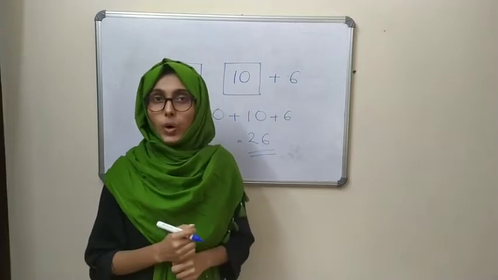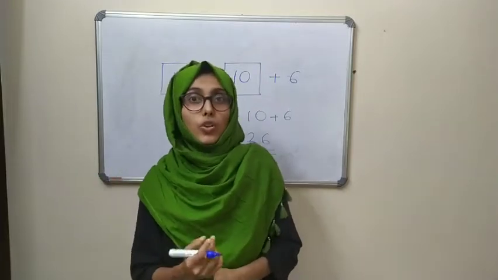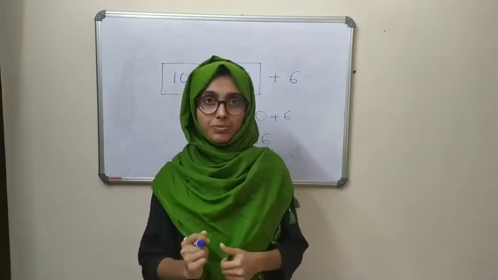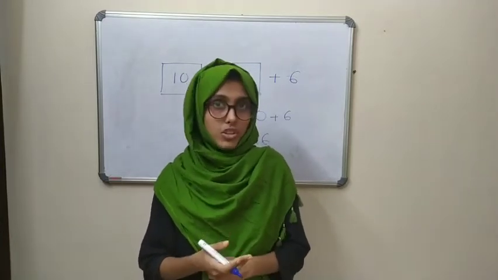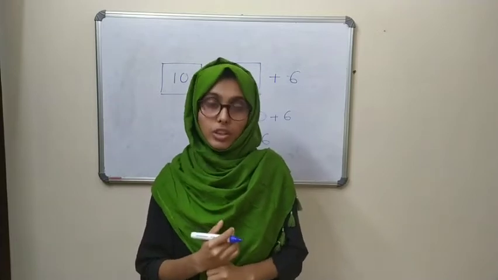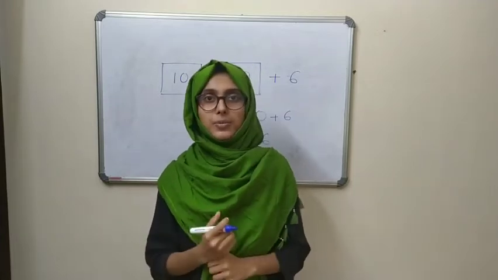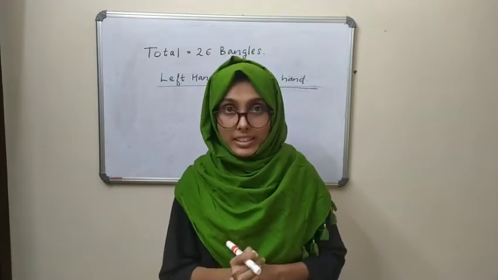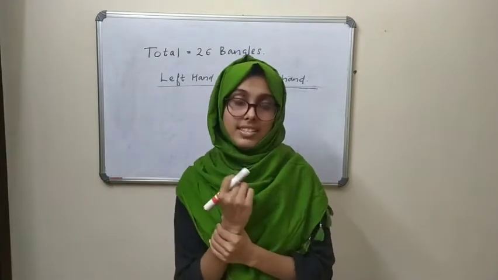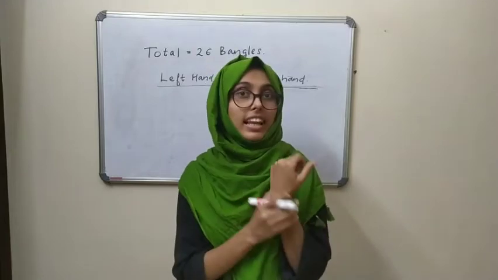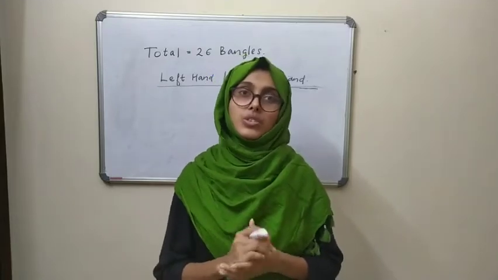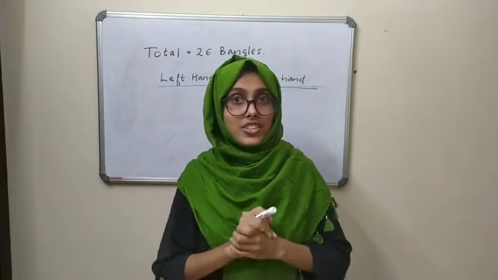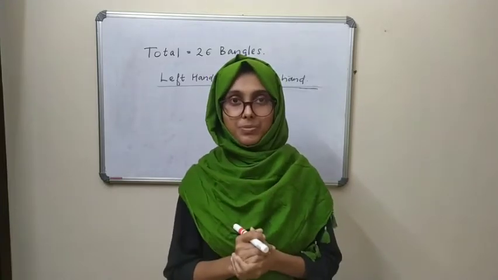Okay, now Nandana is going to wear the bangles on her 2 hands. So now I will show you how she wore the bangles on 2 hands. Nandana is going to wear the bangles on both hands, the right and the left hand. So think how many ways in which she can wear the bangles.